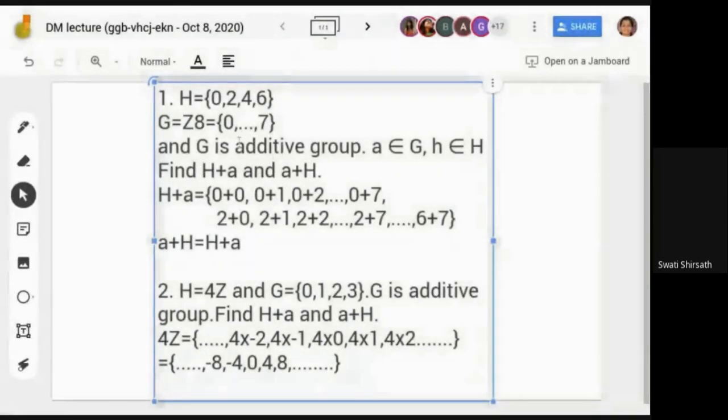Even for multiplication, you'll consider all positive numbers. Ma'am, here also it's under addition only in the second question. Yes, it is in the second question, but there is no modulo operation. So the entire set of integers you have to consider.